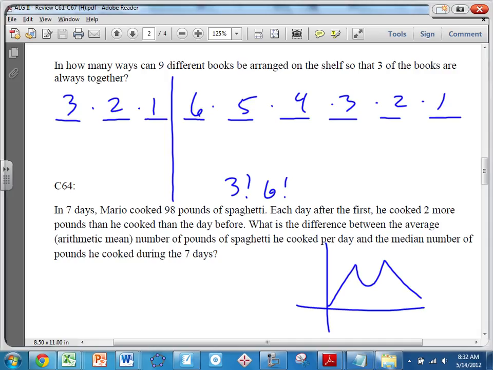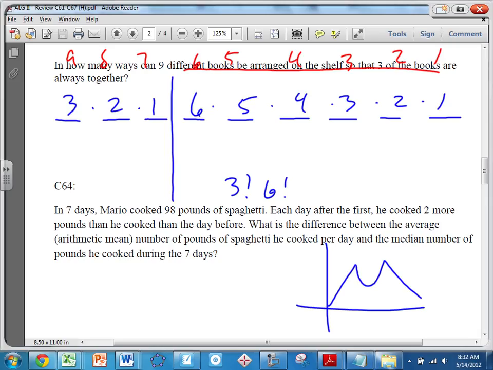Therefore, the product of 3 factorial and 6 factorial is your answer, which is different from something like 9 factorial. If that grouping did not matter, this would have just been 9, 8, 7, 6, 5, 4, 3, 2, 1. These are all the same over here, right? But notice the difference on this side? Your answer will be much less than if it had not specified that grouping of 3.